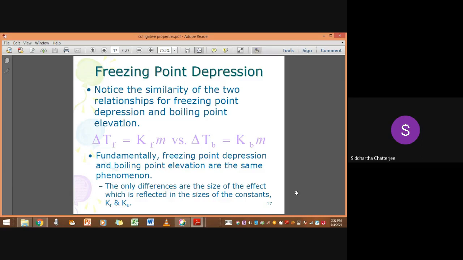Because they depend upon the number of particles of the solute dissolved in the solvent, since m is the molality, the number of moles of solute per kg of the solvent. So fundamentally the freezing point depression and the boiling point elevation are the same phenomenon. The only difference is the size of the effect, which is reflected in the sizes of the constants: Kb is 0.52, whereas Kf is 1.86 for water, for example.